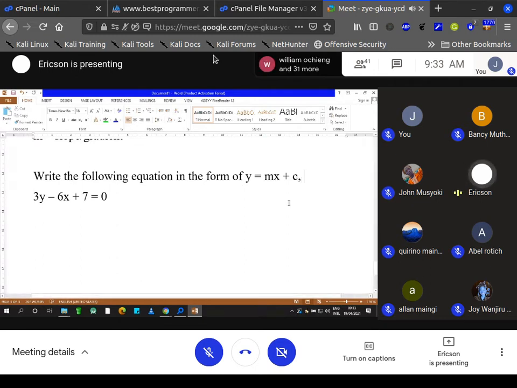Also, I'll need you to give the gradient and y-intercept.